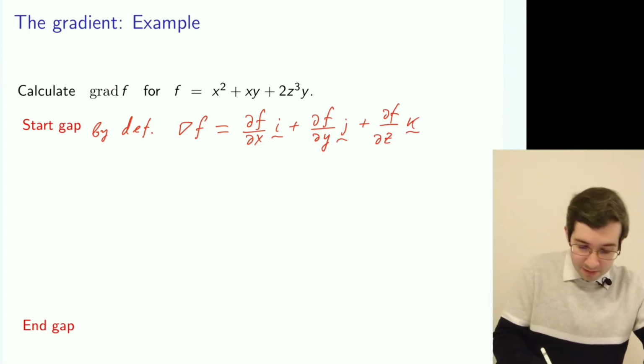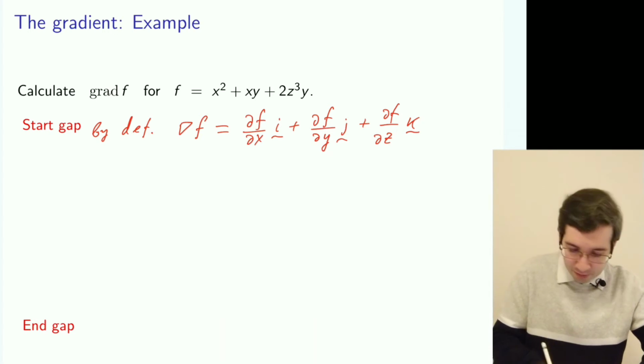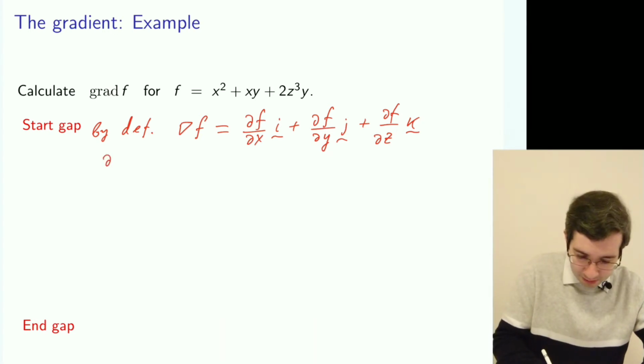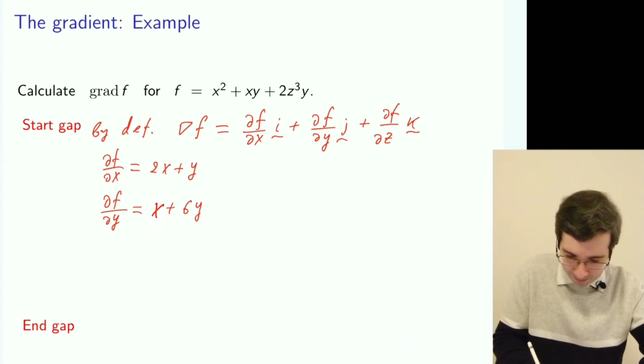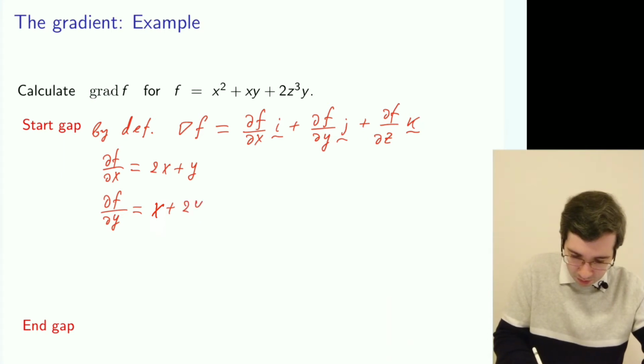So what we do is we just calculate these partial derivatives. So we take df over dx, which is 2x plus y. Then we take df over dy, which is x plus 2z cubed.